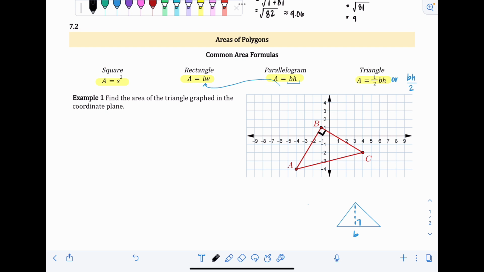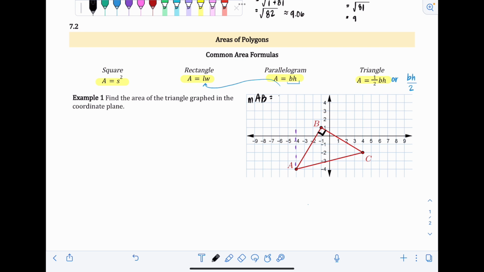So we can check to see if it is by seeing if AB and BC are perpendicular by finding the slope. Before we can decide what is base and height, we have to find that right angle somewhere in the triangle if it's not already given to us. So we'll find the slope of AB first. We'll do rise over run. So the rise is, I go up 1, 2, 3, 4, 5.